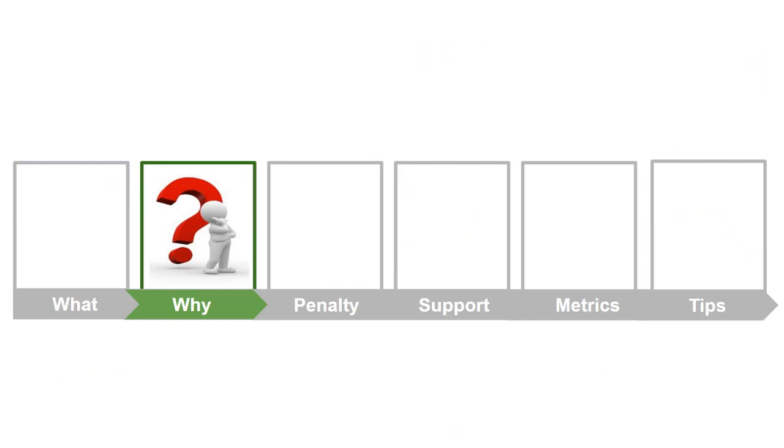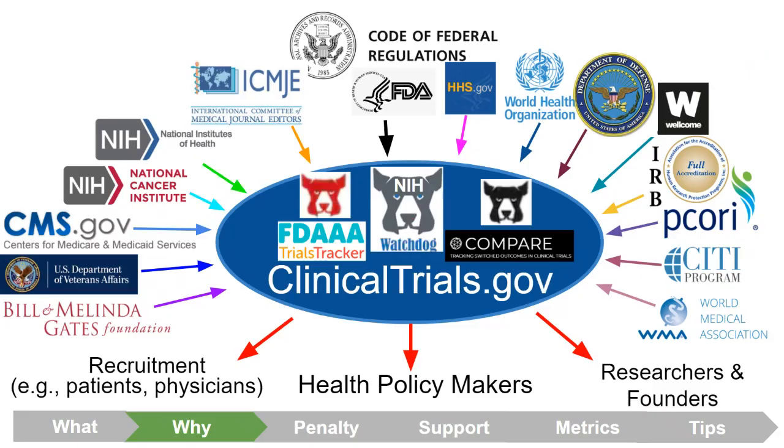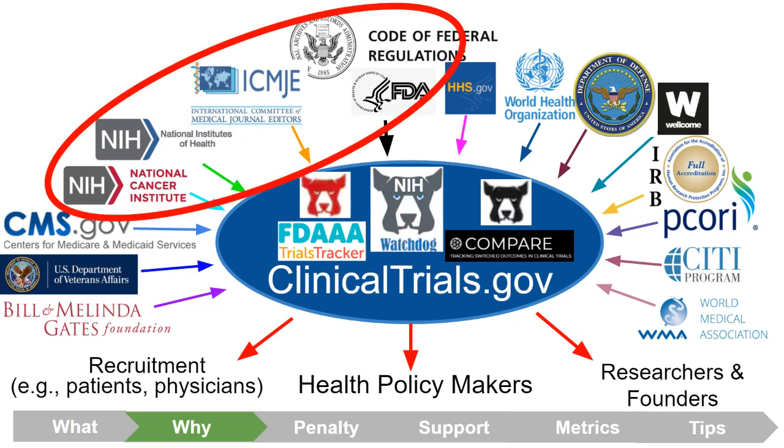So now, why do we have to register and report results? This is why. Many agencies and organizations are now requiring ct.gov reporting. Since I talked about each requirement in detail in my last talk back in June and July, I'm just going to highlight three main reasons.